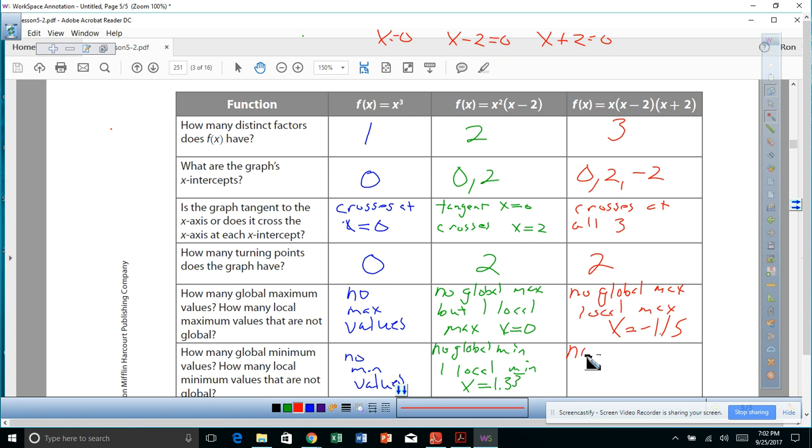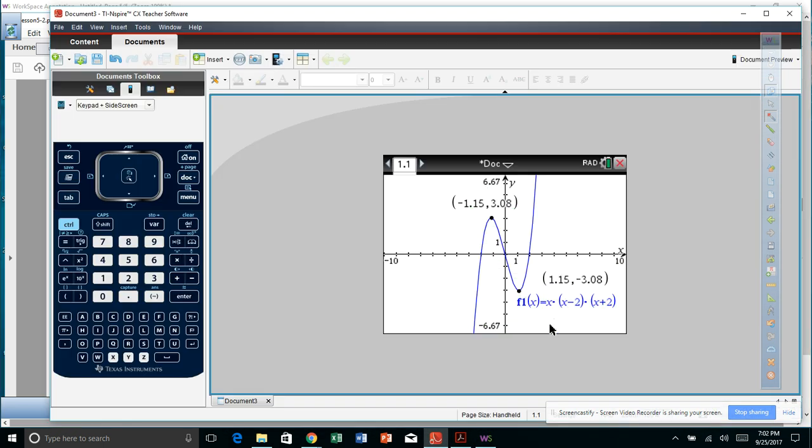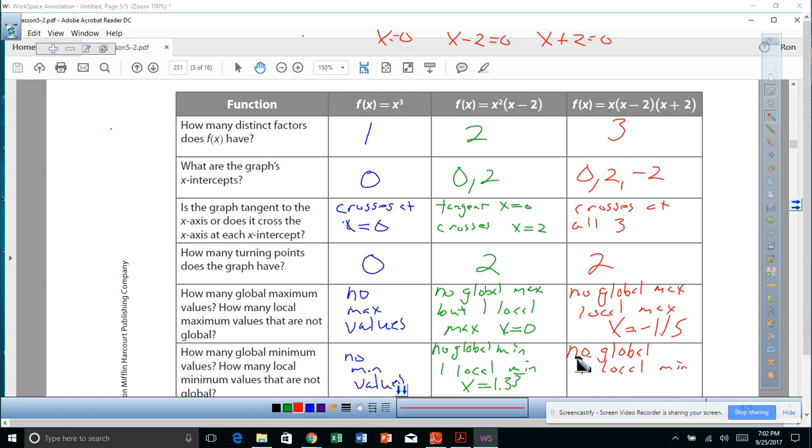No global min, one local min at x equals 1.15. All right.